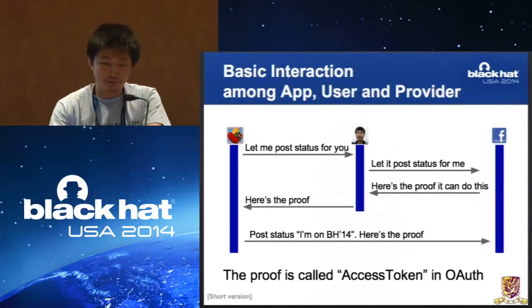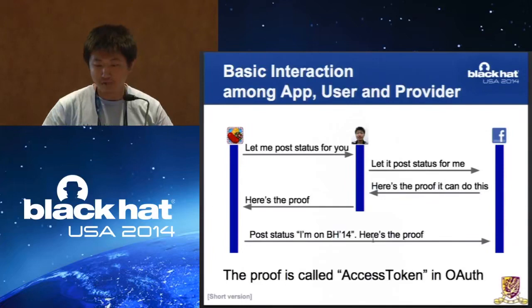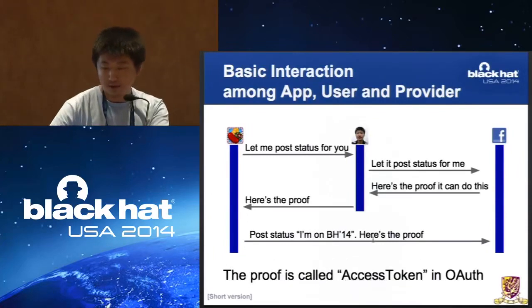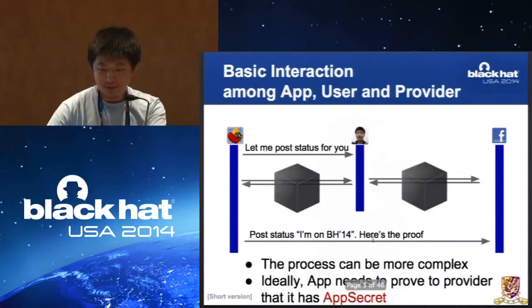So the user gives this proof back to the app. Then the app can do some operations, say post the status, and also give the proof to the provider. This proof is called an access token in OAuth terms. Usually it's just a very long string representing the permission.